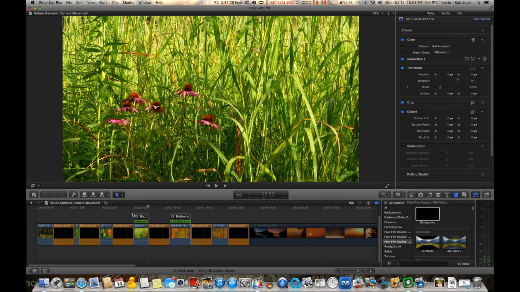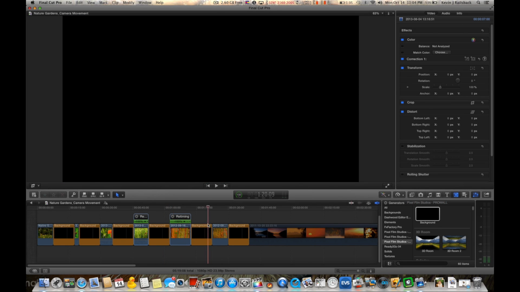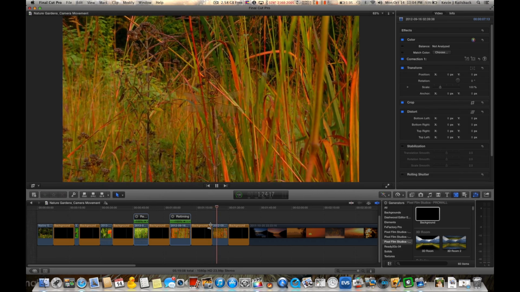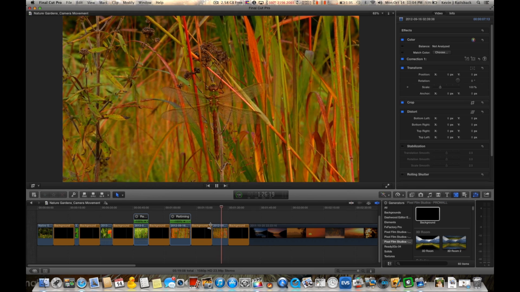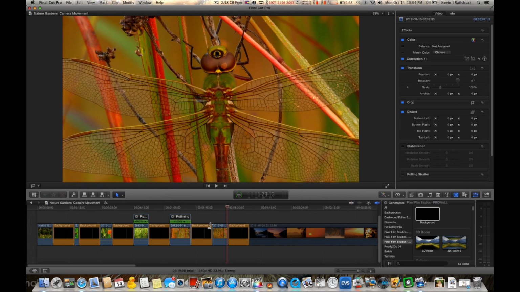If you watch something on like Discovery Channel or Nat Geo or Animal Planet, something like that, you're not going to see a lot of zooming. So, I mean, this is an example of zooming. So it's kind of cool that we zoomed in on the dragonfly, but it's kind of a camera movement that you really want to avoid.